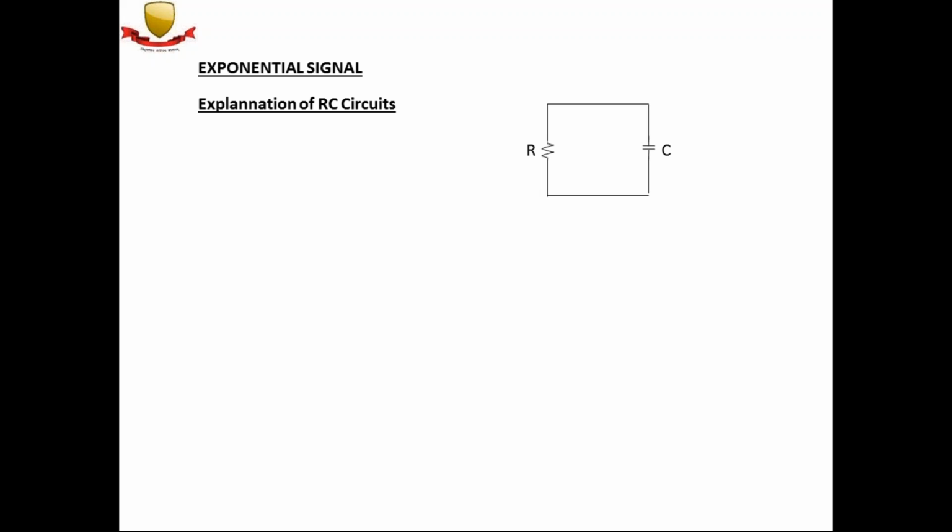Moving ahead, let's try to understand these decaying exponential signals with an explanation from an RC circuit, that is, a resistance and capacitor circuit. This capacitor is called a lossy capacitor, and the resistance is called a shunt resistance.